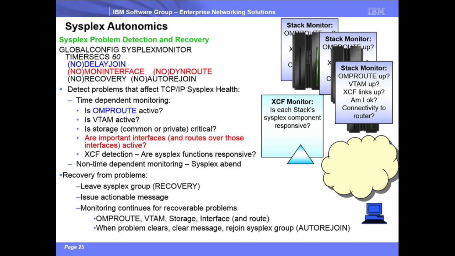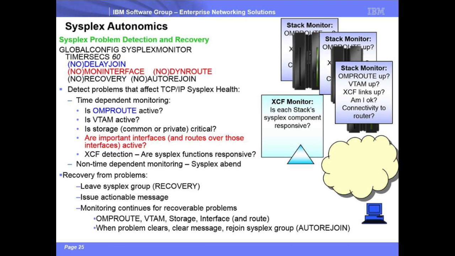So there's time-dependent monitoring. For example, if a timer of 60 seconds is configured, then every 60 seconds we'll do time-dependent monitoring, verifying that OMPROUTE is still active, VTAM is active, that storage, either common or private, is not critical during that interval, and also if important interfaces are up.